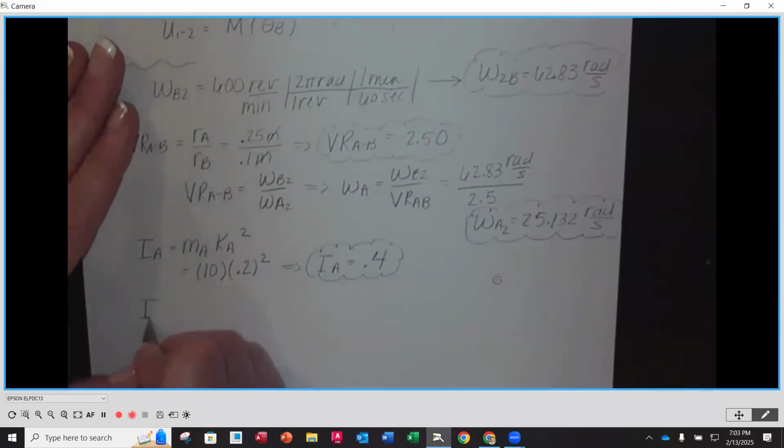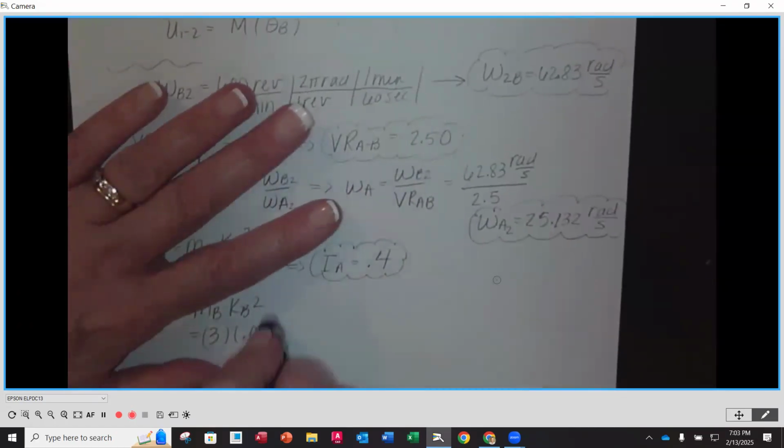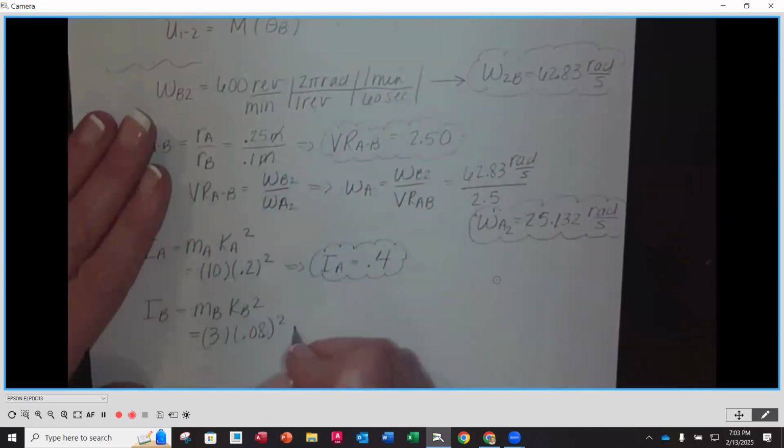And I'm going to do the very same thing for B. Moment of inertia about B is going to be the mass of B times KB squared, which is equal to 3 kilograms times 0.08 meters squared.